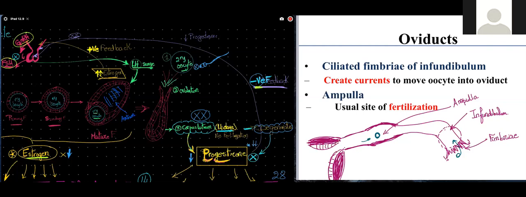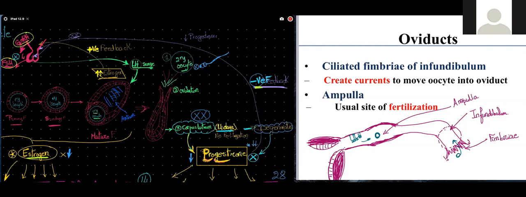This fertilized egg will be moving by the currents formed by the cilia of the epithelial lining of the tube.